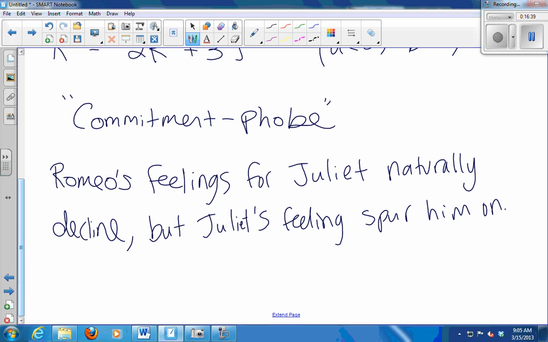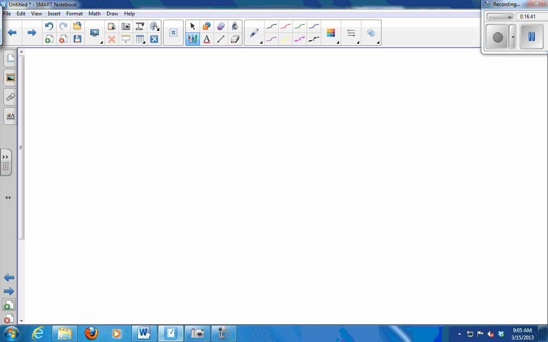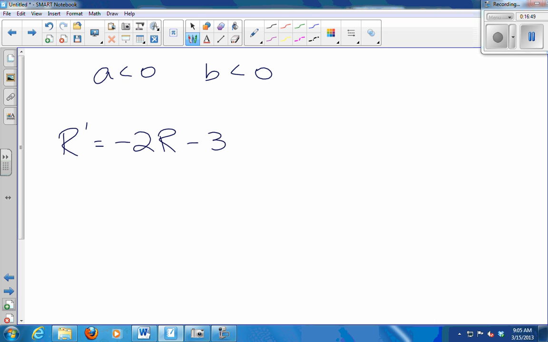All right, and then we have one more where they're both negative, right? So Romeo would be negative 2r minus 3j. So Romeo's feelings for Juliet naturally decline on their own, and they lessen with Juliet's love for him.